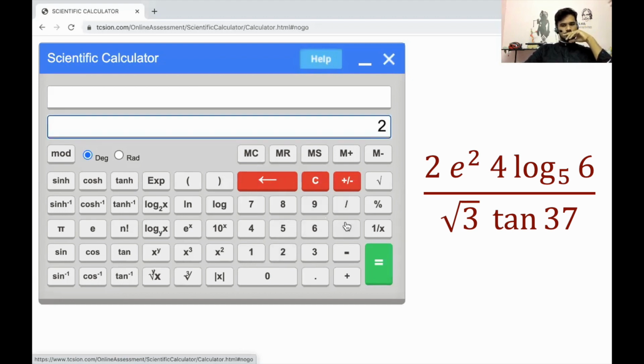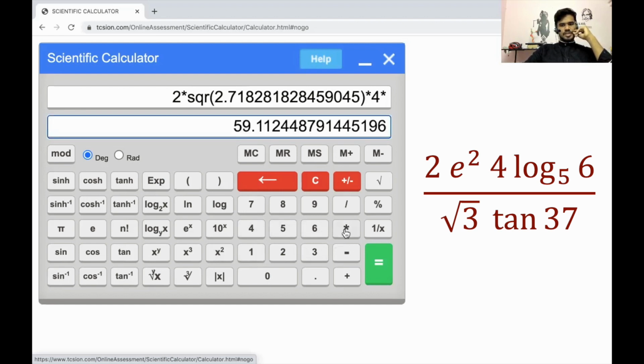So 2 into e square. Okay, e is there, square of that. Okay, we got 2 into square of that into 4. Okay, we got that into log 6 to the base 5.